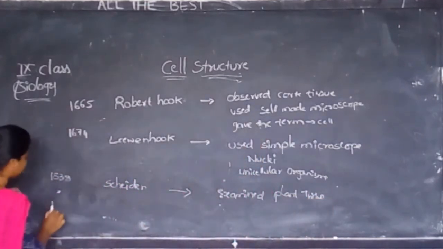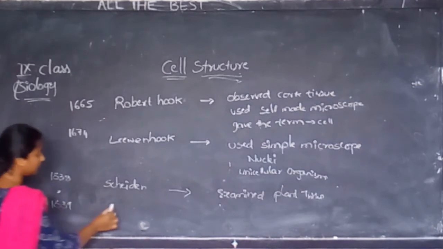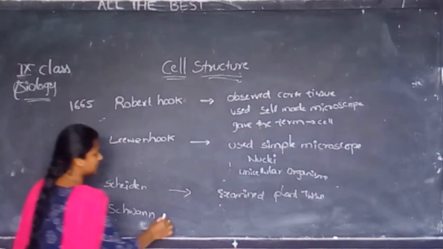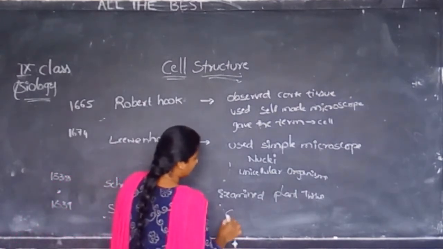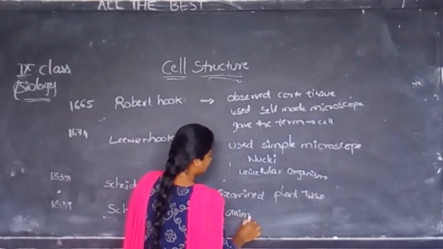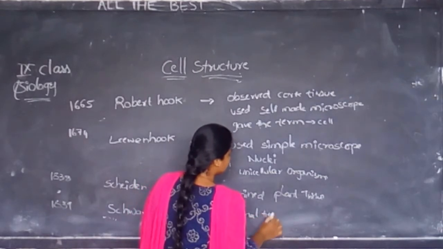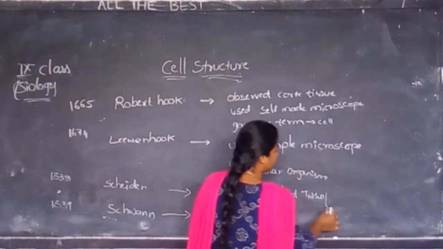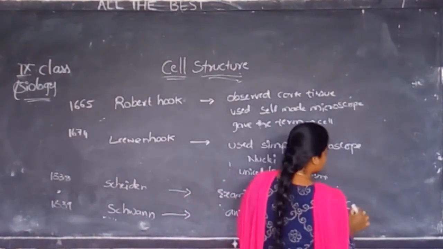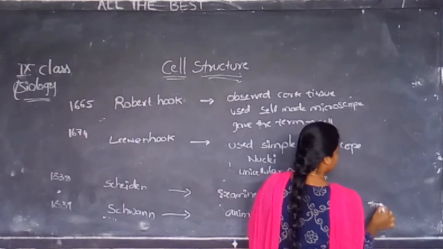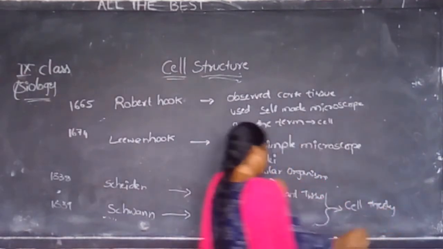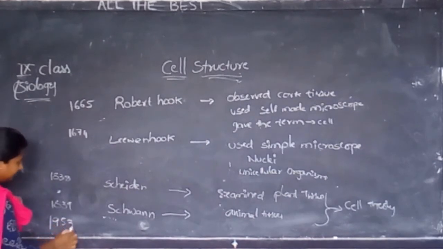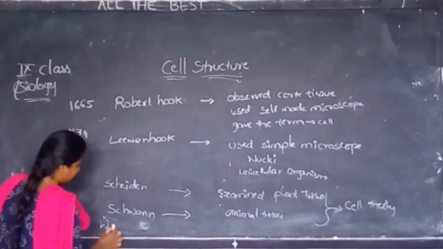In 1839, Schwann, he is a zoologist. He observed animal tissues. Later, these two scientists joined together and proposed cell theory. The last one, in 1953, Watson and Crick.